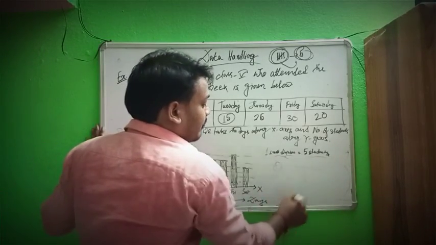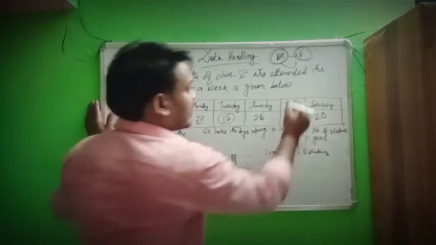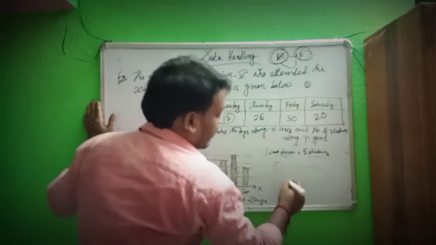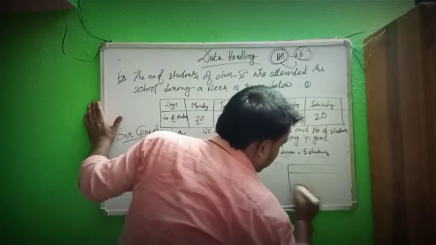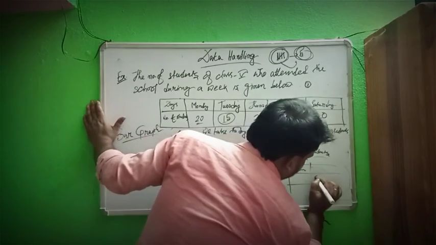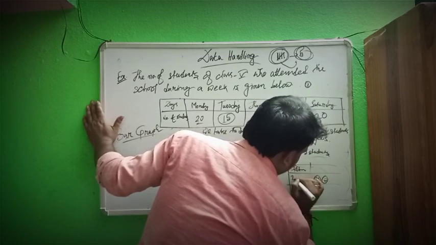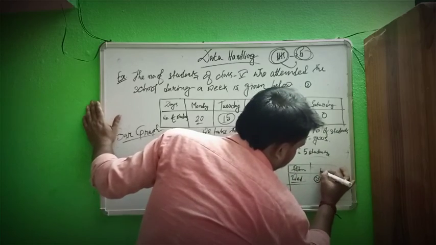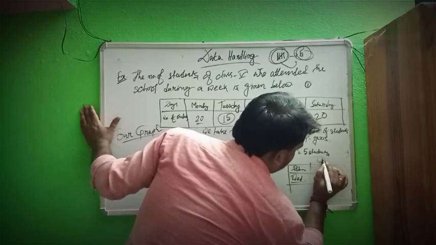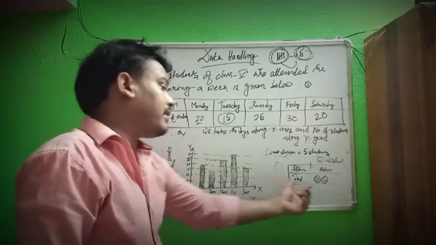Similarly for a pictograph, if a pictograph is given and the key is given, where the key means one figure equals 5 students, or somewhere it is given that one figure equals 6 students. If the number of figures given on Wednesday is 2, then how many students were present on Wednesday?